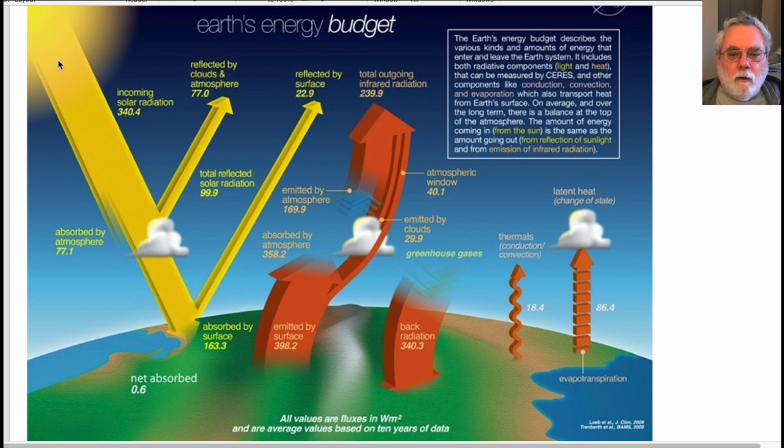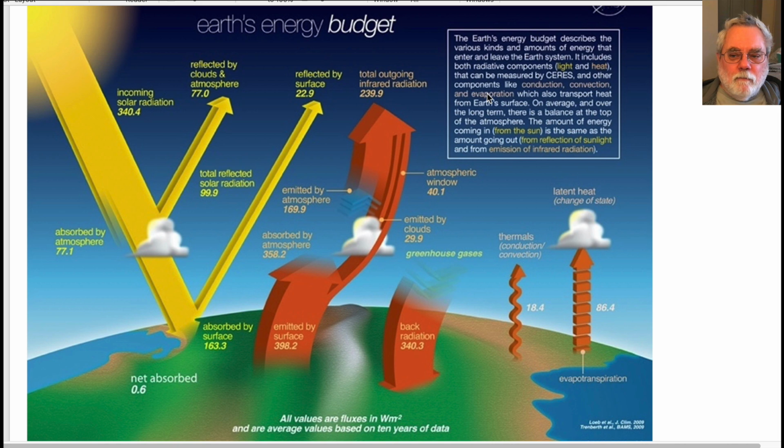The incoming power varies slightly seasonally and over years. The outbound radiation varies by location, temperature, cloud cover, and weather. It's complicated.